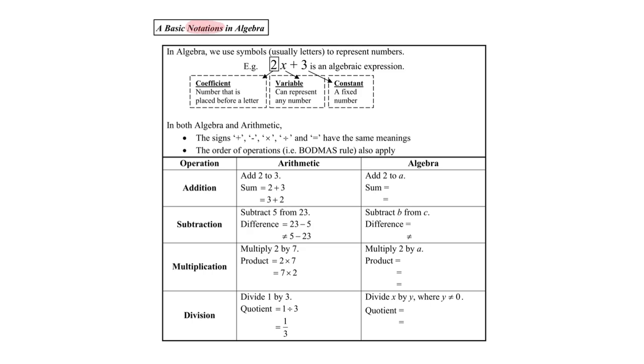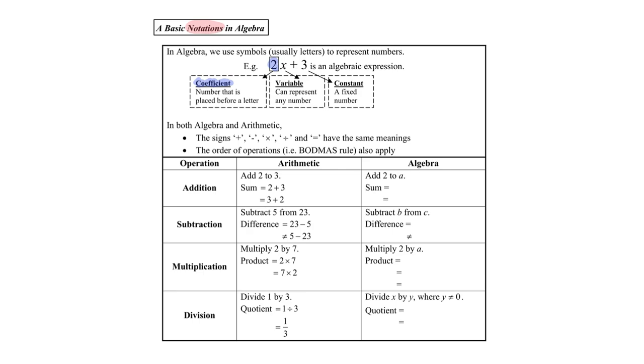In algebra, we use symbols, usually letters, to represent numbers. In this case, if a number is placed before a letter, this is known as the coefficient.